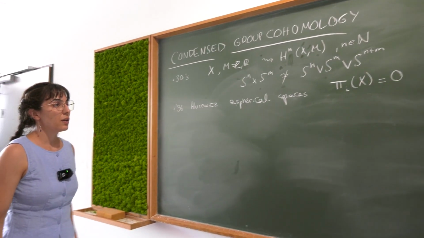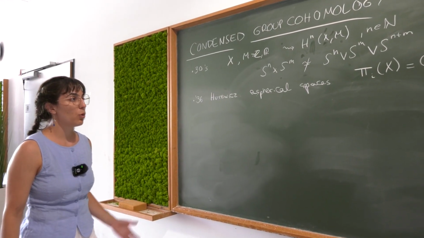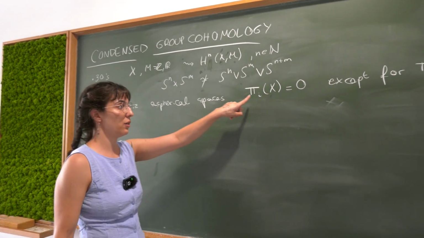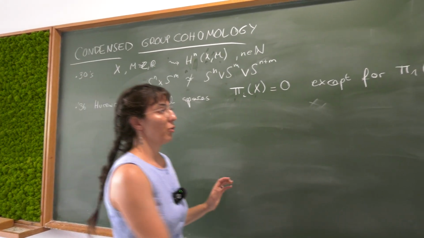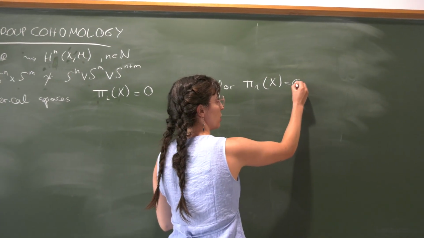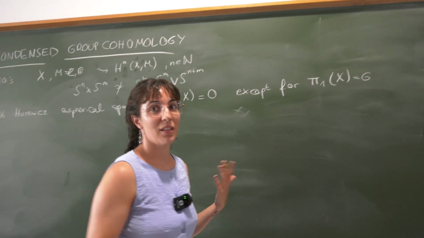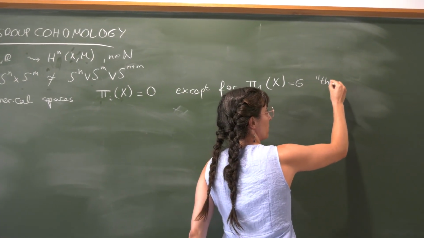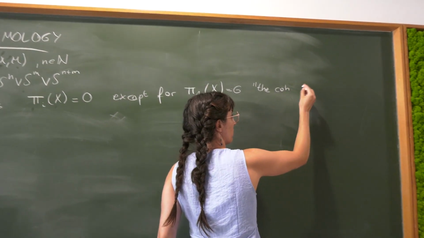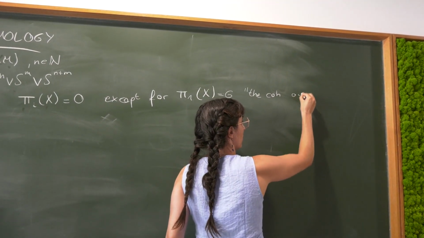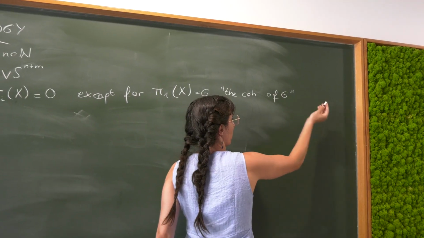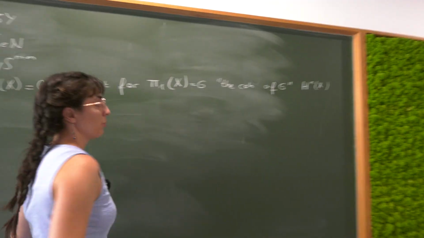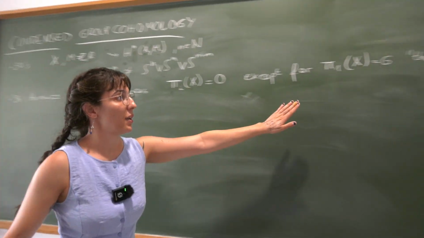And he realized the homology and, well, the cohomology of this space depends entirely on the fundamental group. So if you call this G, then it makes sense to talk about the cohomology of G. I will write this: when you talk about the cohomology of X, it depends entirely on G.